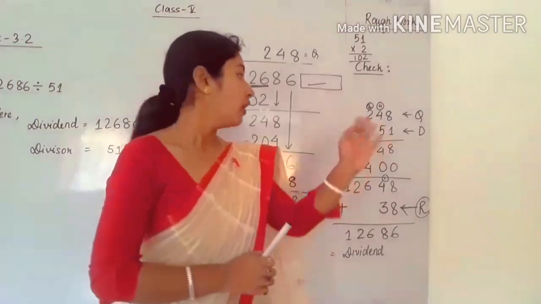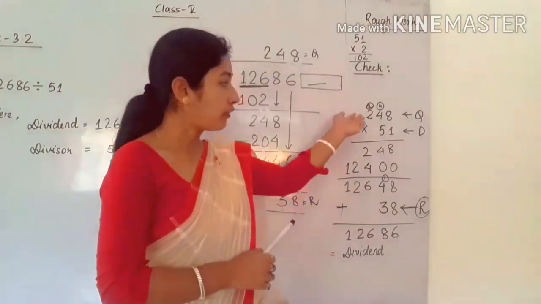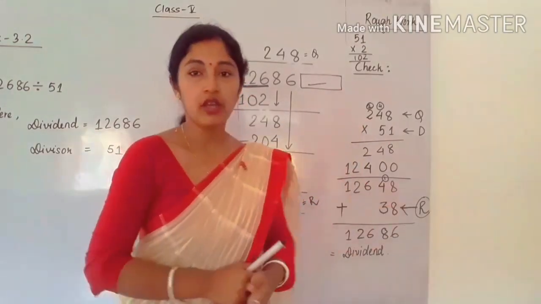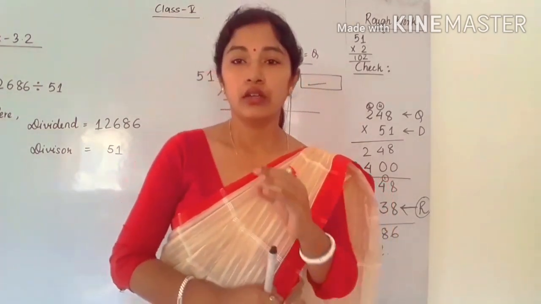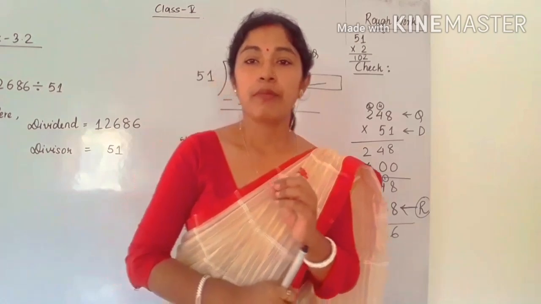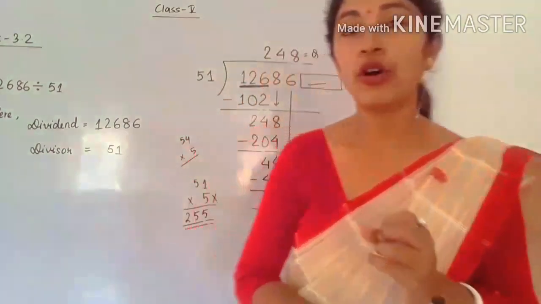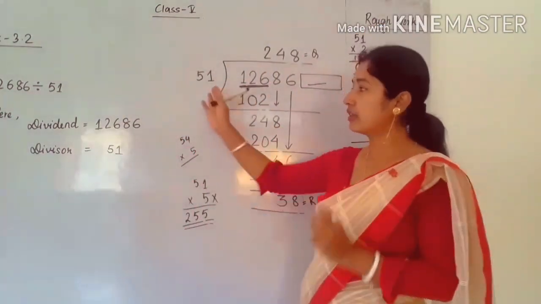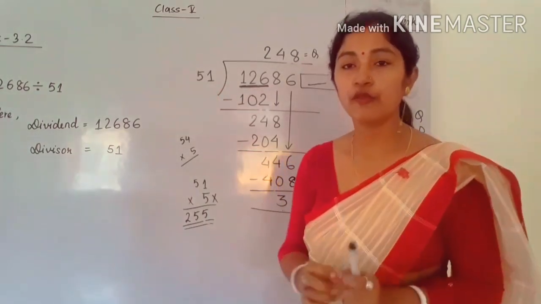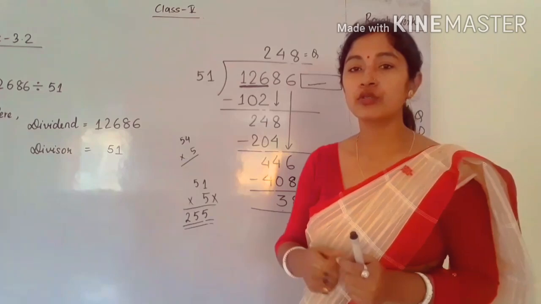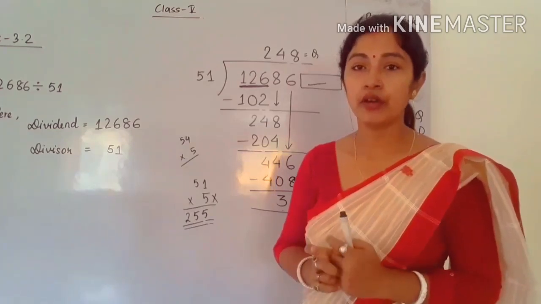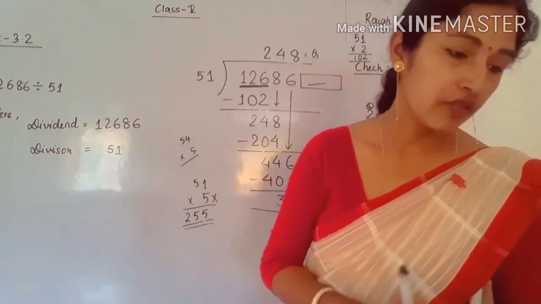Sorry, after that you have to do the checking process. The division process you already know, but you have to see by checking, because the number in the divisor is very big. You have to multiply with so many numbers to get the nearest number. So this is the division process.